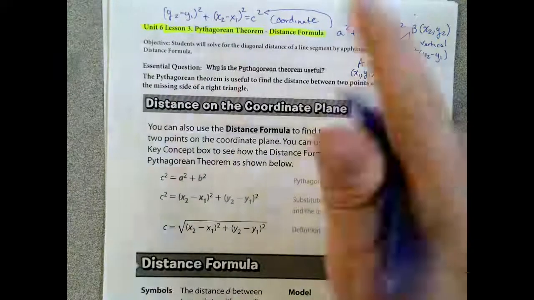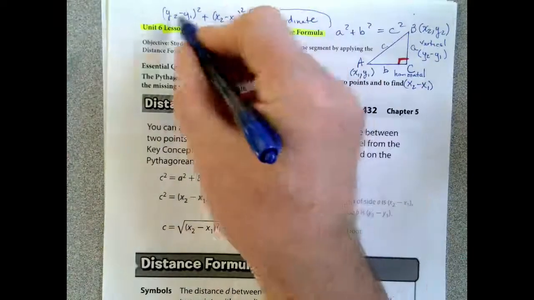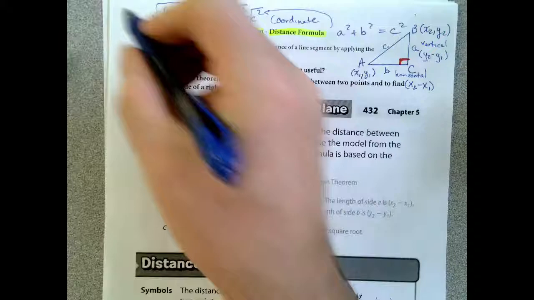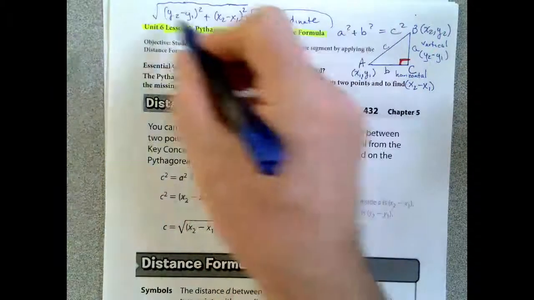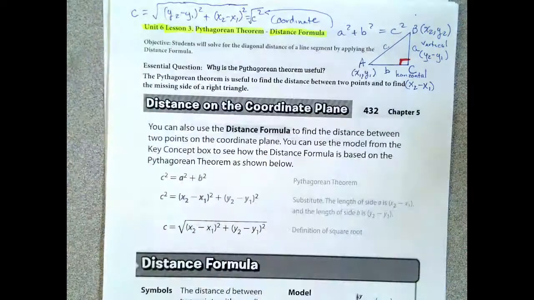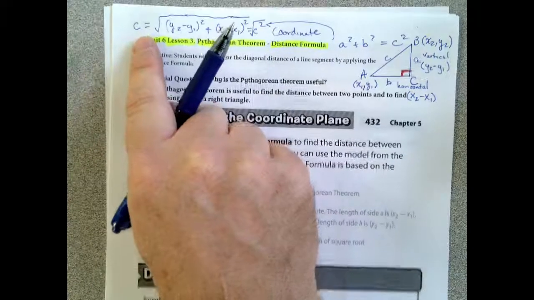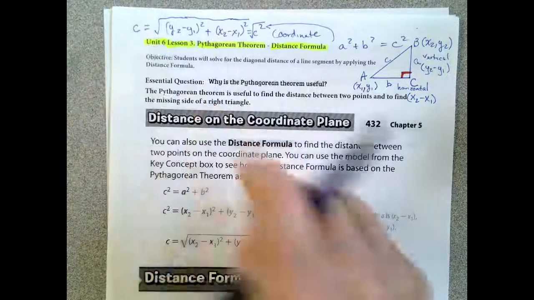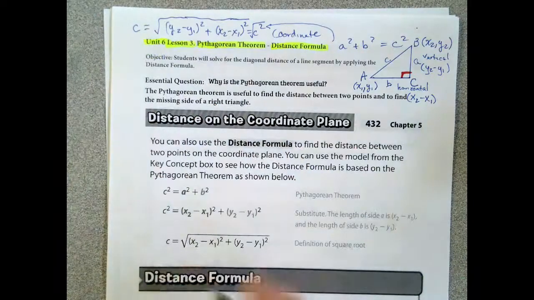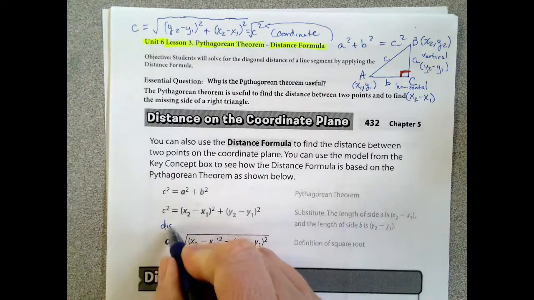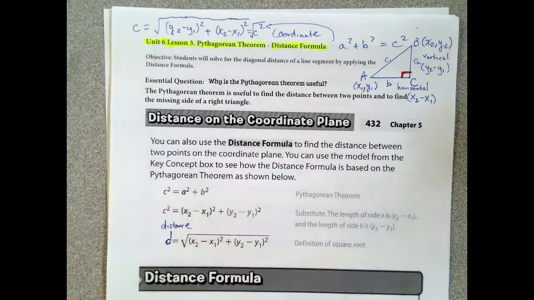So we know we have to take the square root to find c, and that's how we end up with the distance formula. So then what you end up doing is replacing the letter C with D, for distance. So this is your distance formula.